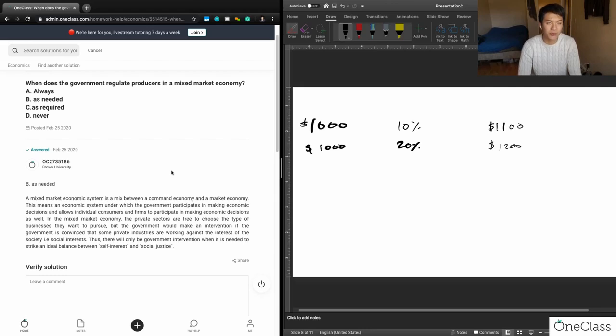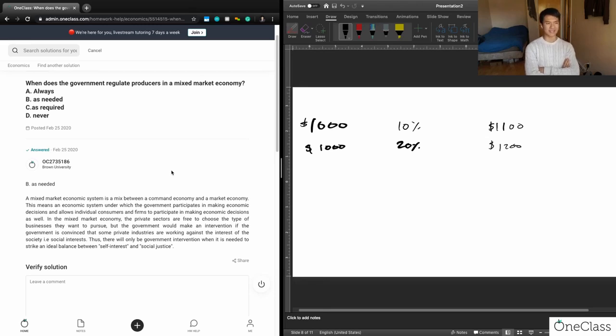And as needed refers to areas where there might be market failures. And so market failures refer to places where a full market economy would not be able to functionally operate the most efficiently. We can think of externalities as a market failure, public goods, monopolistic competition, monopoly markets, tragedy of the commons.